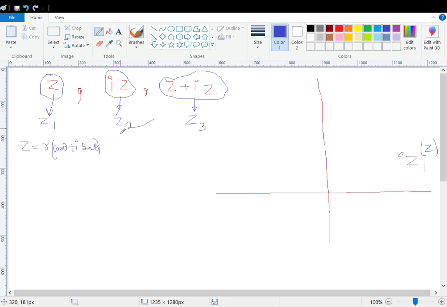So what will be my z2, that is iz? I will have r(minus sin theta plus i cos theta). Right? Very good.